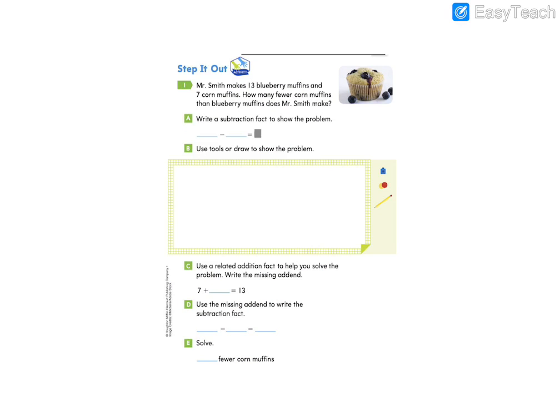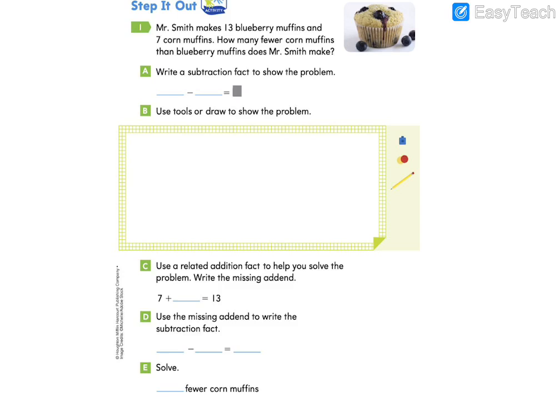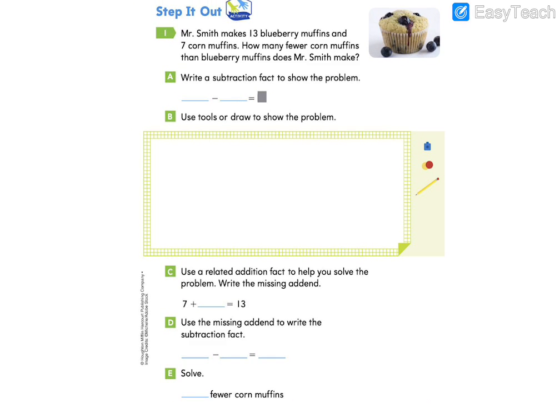Let's take a look at the Step It Out on page 21. Mr. Smith makes 13 blueberry muffins and 7 corn muffins. How many fewer corn muffins than blueberry muffins does Mr. Smith make? Write a subtraction fact to show the problem.